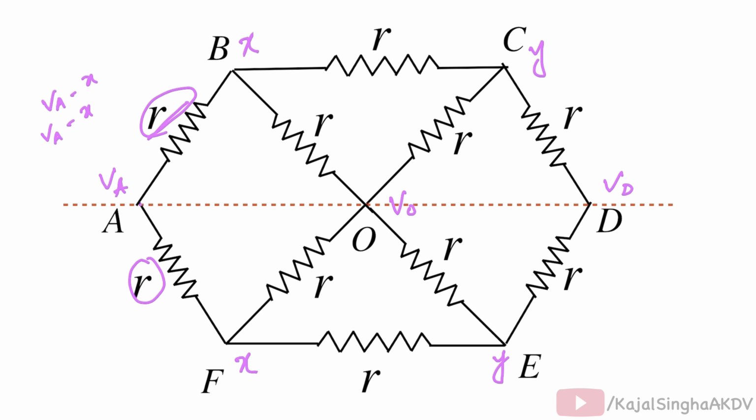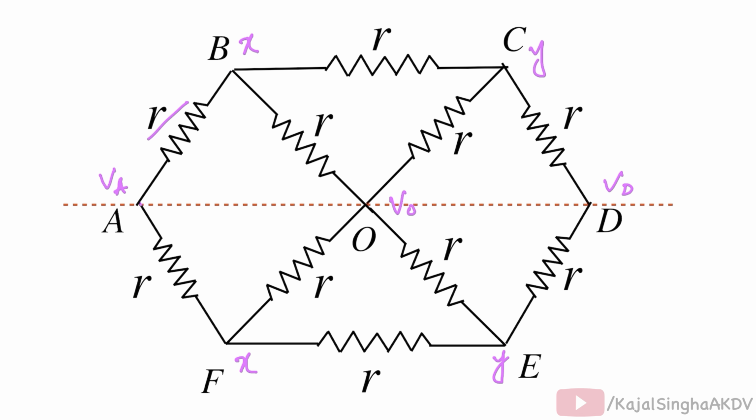So their effective resistance will be R by 2. That is, we may ignore this resistor R in the lower half of the circuit and make the resistor R in the upper half of the circuit R by 2.